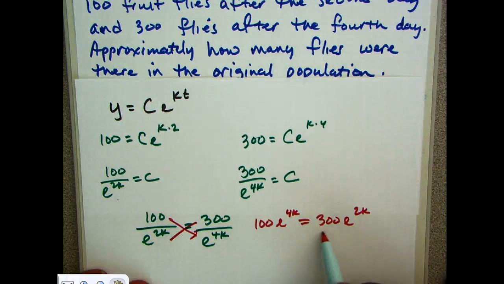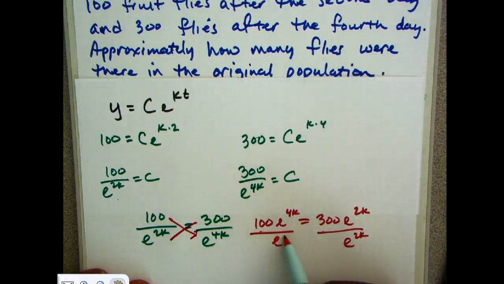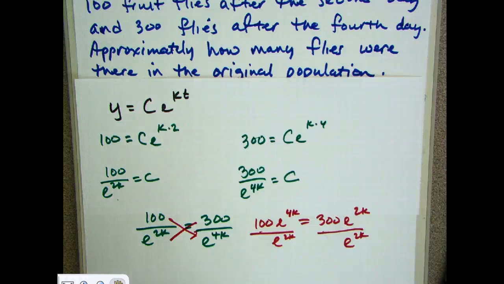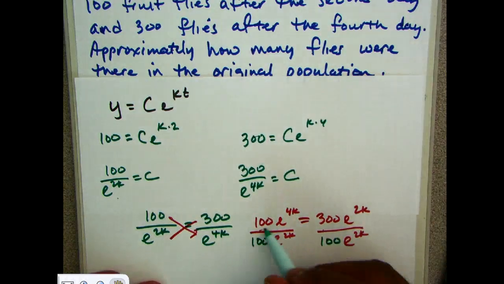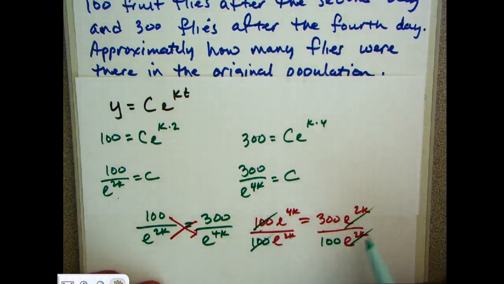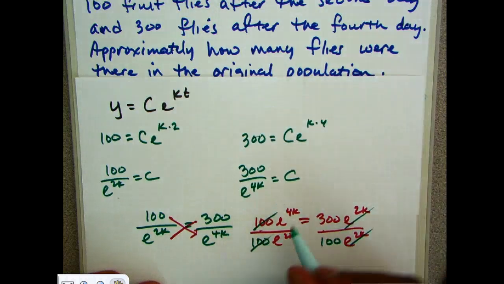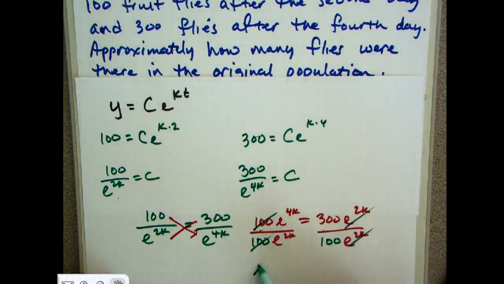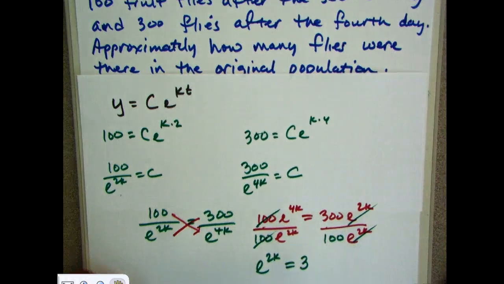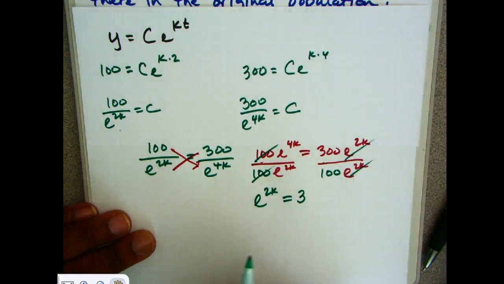Okay, so here you can divide by e to the 2k, divide both sides by 100, those reduce to 1. So e to the 4k divided by e to the 2k is just e to the 2k. 300 divided by 100 is 3. So we get e to the 2k is equal to 3.